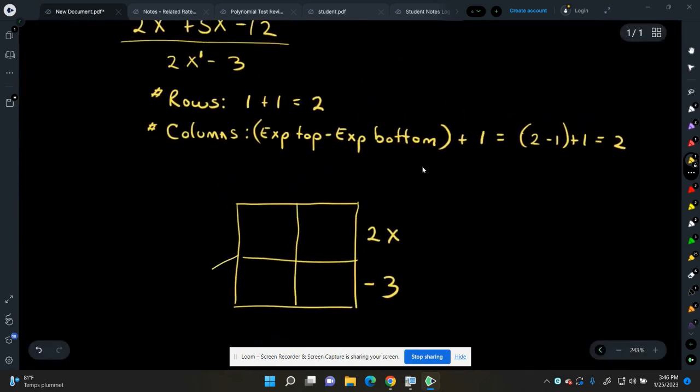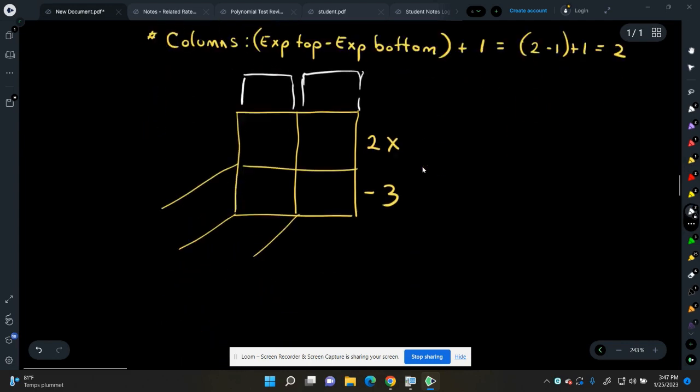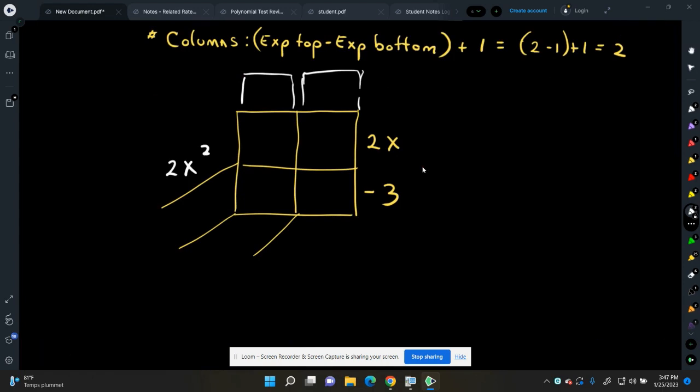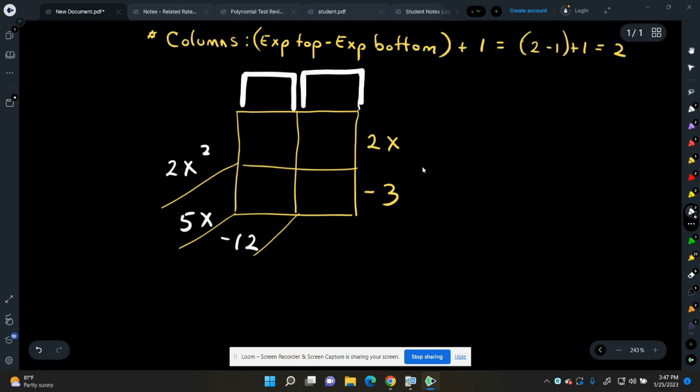And when I multiply by whatever's on top here, my answer will be 2x squared plus 5x minus 12. That's going to be my answer. We're trying to find this missing polynomial up here, right? We're dividing.